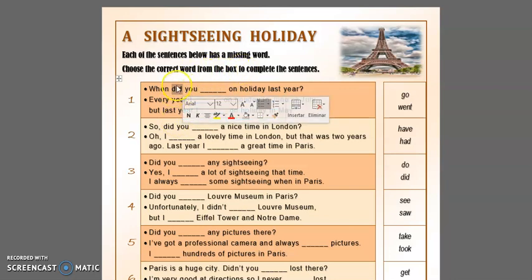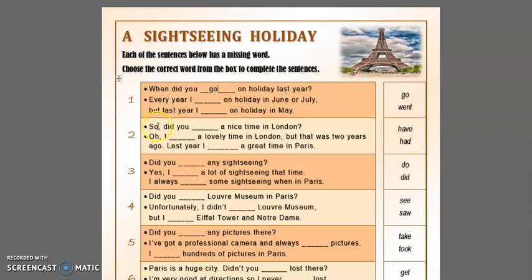If our auxiliary is in past, our main verb needs to be written in present or its basic form. Which one of these two is the base form? Is this one. So we write here go. And there we have the complete sentence. When did you go on holiday last year? ¿Cuándo te fuiste de vacaciones el año pasado?